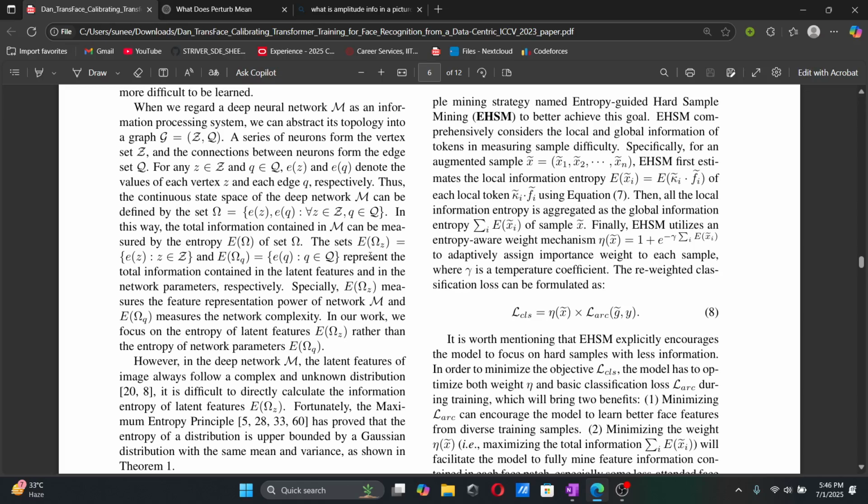I mean the entropy of the set, which especially measures the feature representation power of network M.